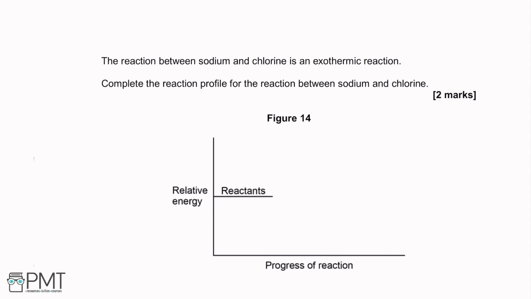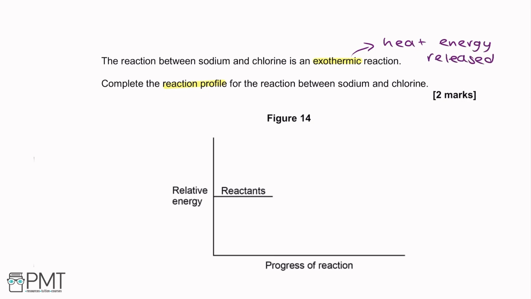The reaction between sodium and chlorine is an exothermic reaction. Complete the reaction profile for the reaction between sodium and chlorine. So we're told that it is an exothermic reaction. Well, that means that heat energy is released in the reaction.